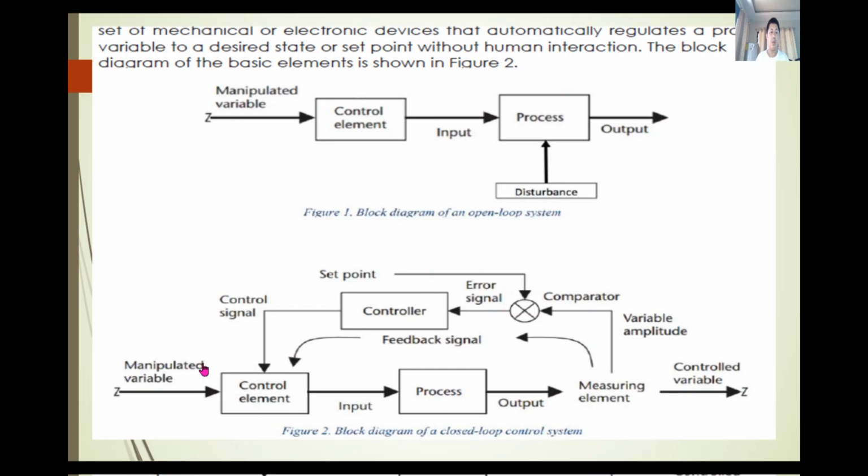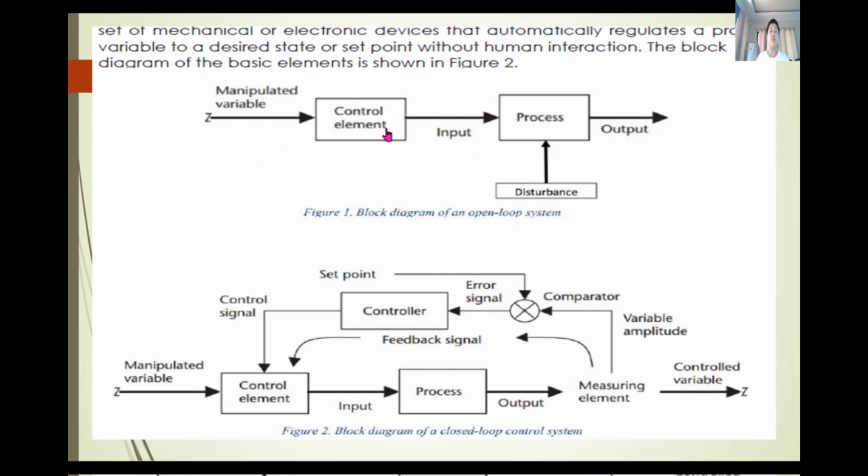Manipulated variable is the input variable or parameter to a process that is varied by control signal from the processor to an actuator. So remember the keyword, it is the input variable or parameter. So you put the input in here or the set point, and then that input is being controlled by your control element.